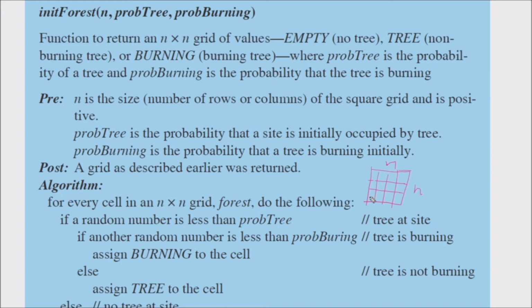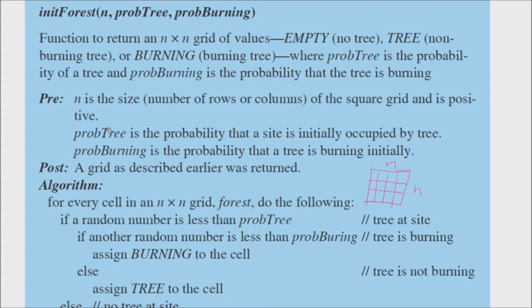How am I really going to fill zeros, ones, and twos in this? That's the next question. So we have the precondition, an n by n grid, which is a square, obviously. And the tree probability means you have to give two more inputs.